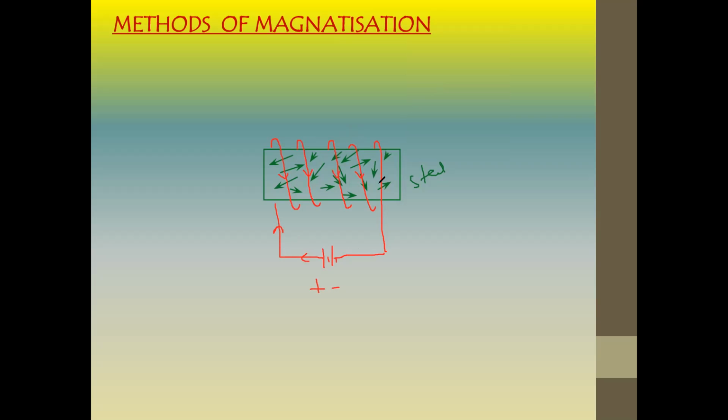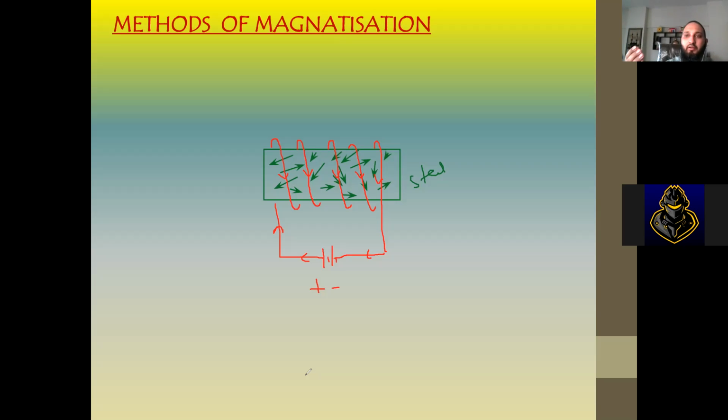When we pass the current, it has a magnetic effect. So when there is a current, there is a magnetic field. As you are passing a current, there is a magnetic field, and how do we find the direction of the magnetic field due to this current?